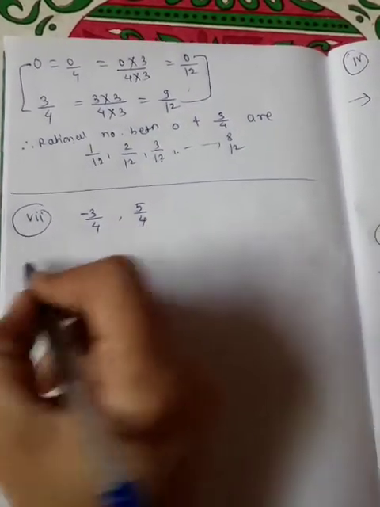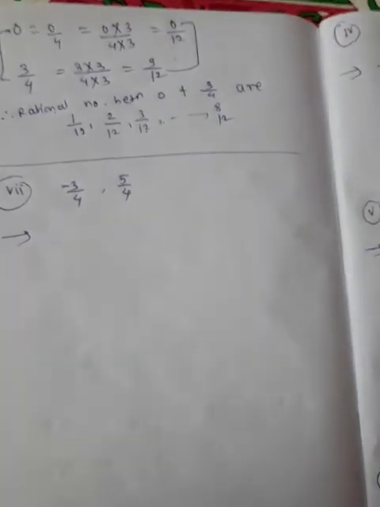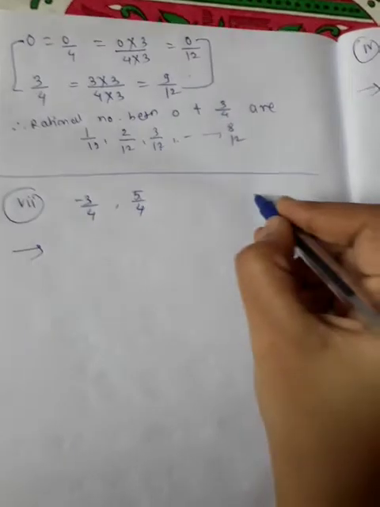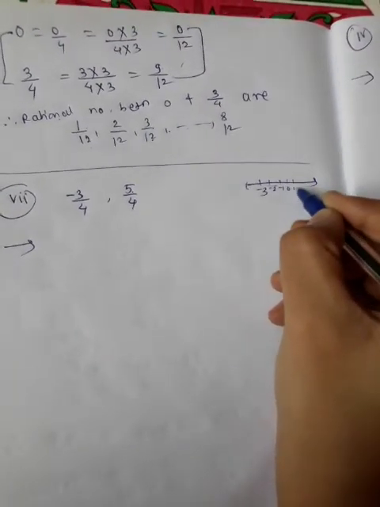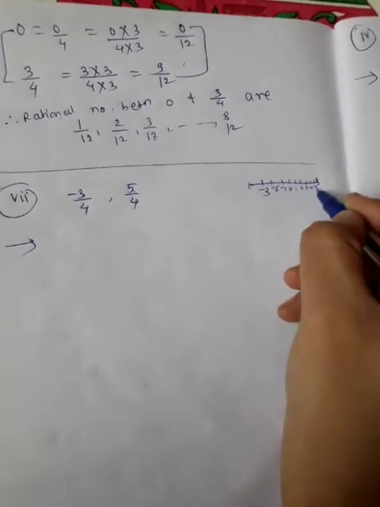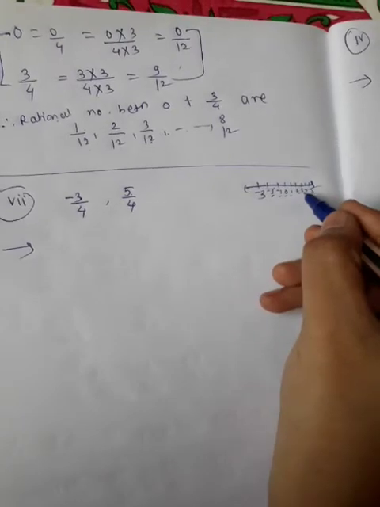Now solve the next example, number 7: minus 3 by 4 and 5 by 4. Here the denominators are same, so there is no need to make the denominators same. Between minus 3 and 5, we have minus 2, minus 1, 0, 1, 2, 3, 4, and then 5. How many numbers are there? 1, 2, 3, 4, 5, 6, 7.